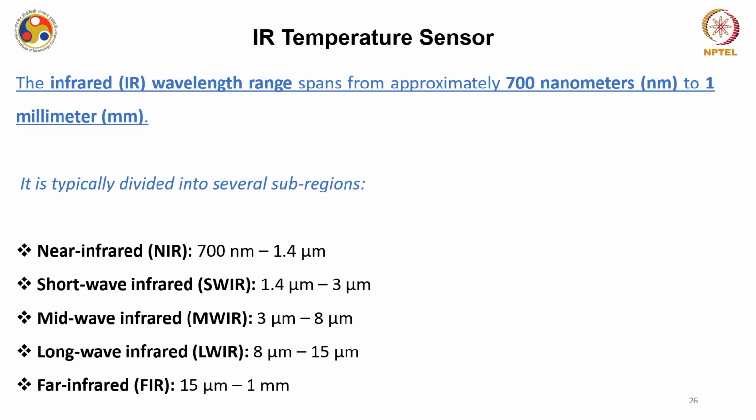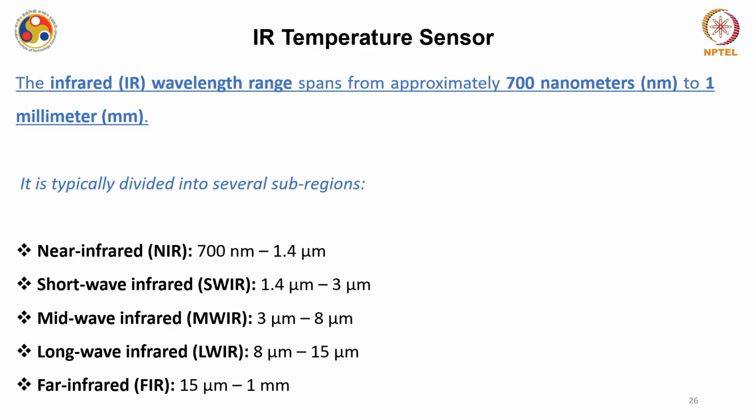So it is typically divided into several sub regions. In broad, usually you have NIR, which is near infrared, and typically it ranges from 700 nanometer to 1.4 micron. Then you have short wave infrared, we call it SWIR, which is from around 1.4 micrometer to 3 micron.